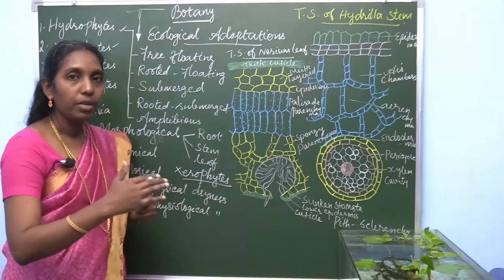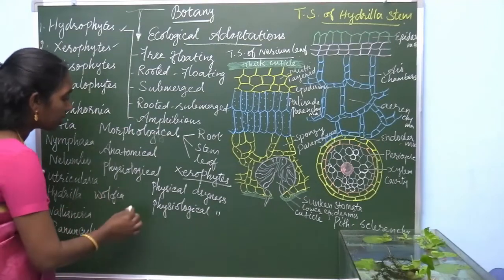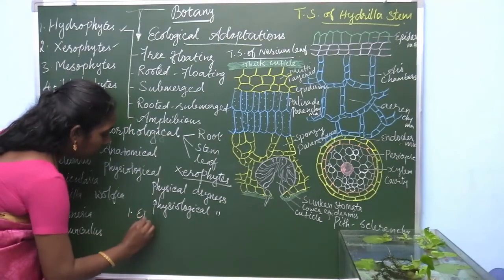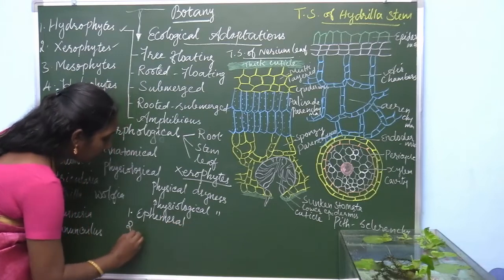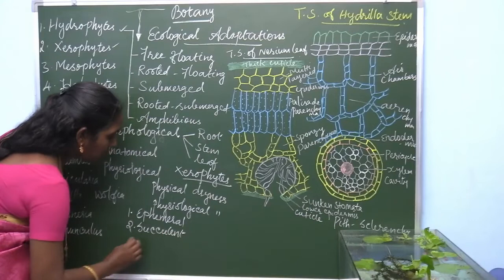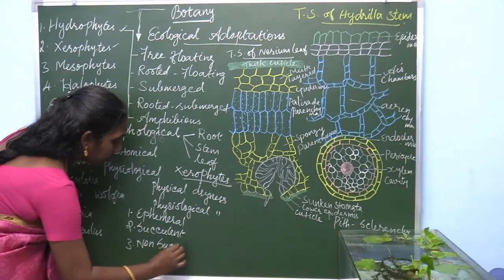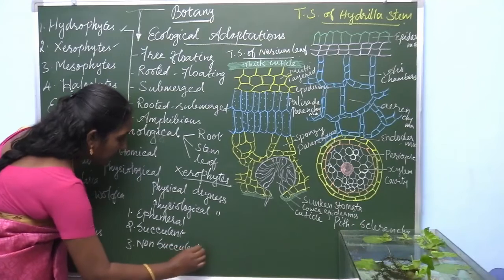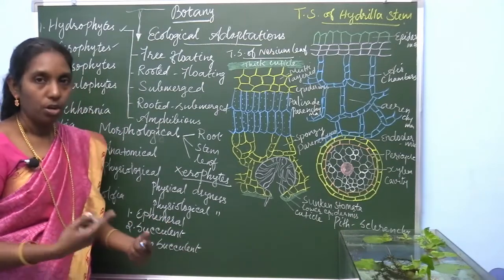Based on the adaptations, they are again classified into ephemerals, succulents and non-succulents. Three different categories: ephemeral, succulent and non-succulent.